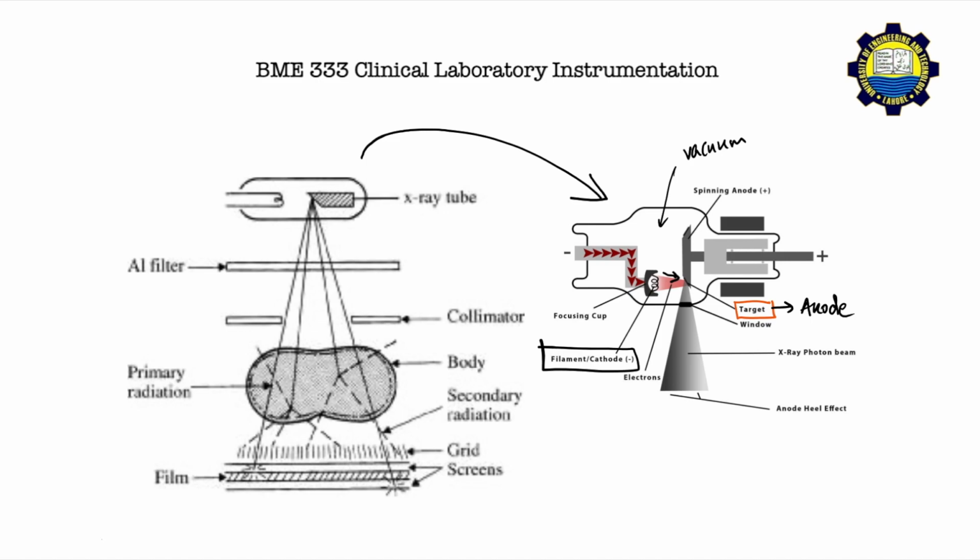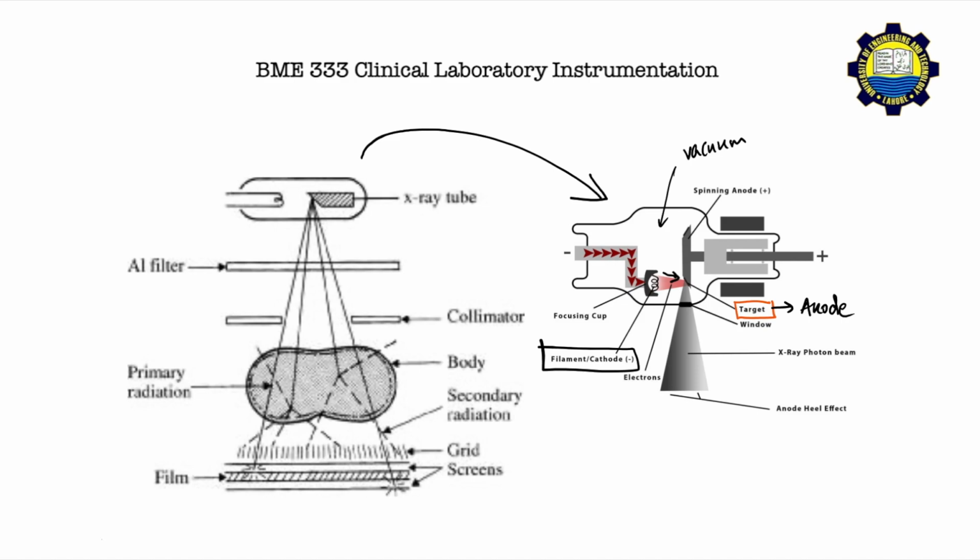The second mechanism for the X-ray photons to be generated is called characteristic radiation. So in characteristic radiation, what happens is that the inner shell electrons of the anode get knocked out of the orbit by the arriving electrons from the cathode.